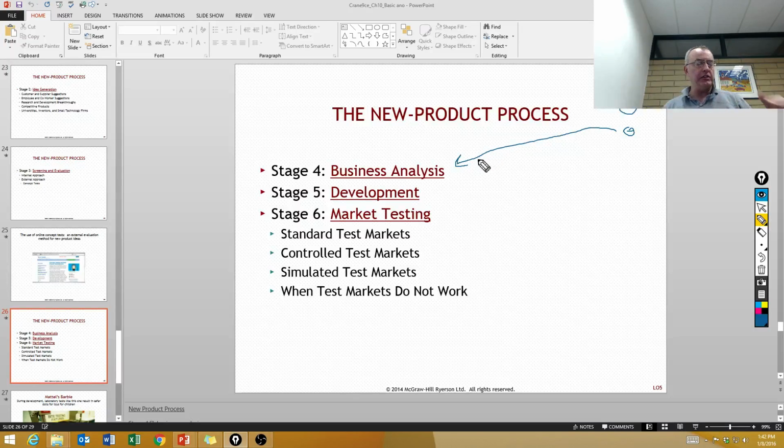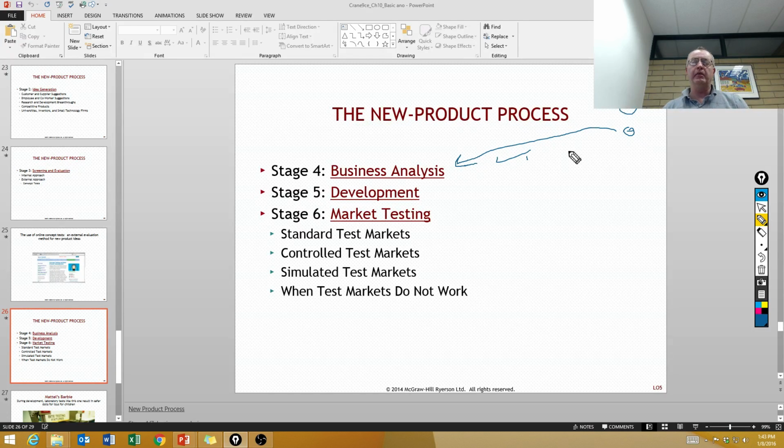We make some estimates of what we think the market's going to be, and can we produce a product and sell enough of it to make an attractive enough financial return. And then we're going to cross-reference the new product against our marketing department to see what kind of marketing strategy we need. We're going to see whether or not the product cannibalizes other products in our lineup.